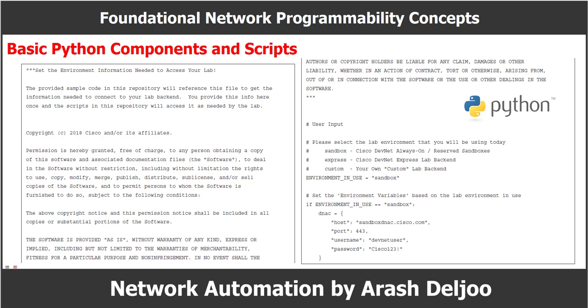The structure used to hold all the key value pairs in this script is called a dictionary, as I explained in the previous video. In this particular Python script, the dictionary is named DNAC, or DNA Center. The dictionary named DNAC contains multiple key value pairs, and it starts and ends with curly braces.